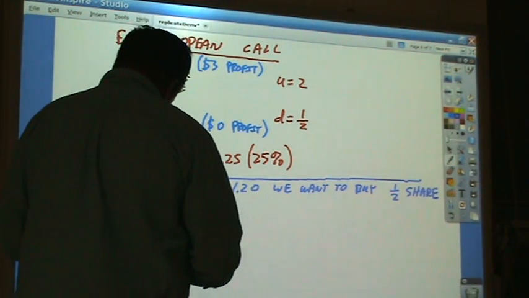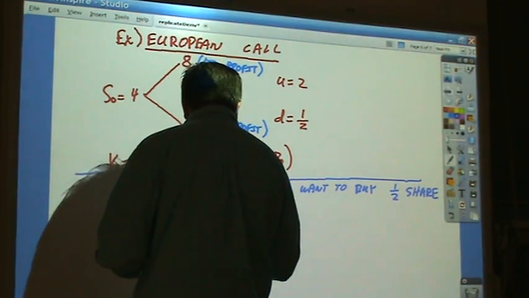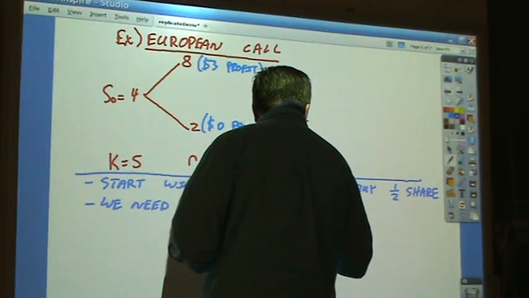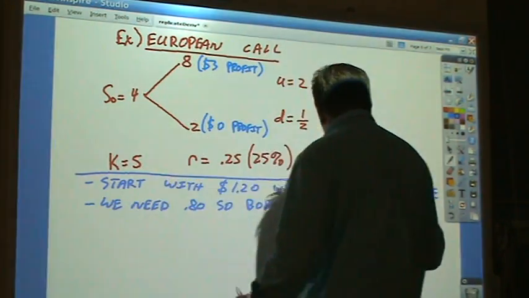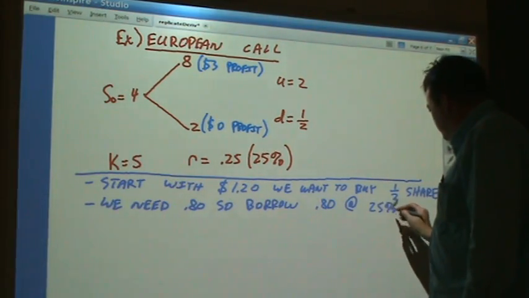So we borrow 80 more cents. Borrow 80 cents from the bank at 25% interest.